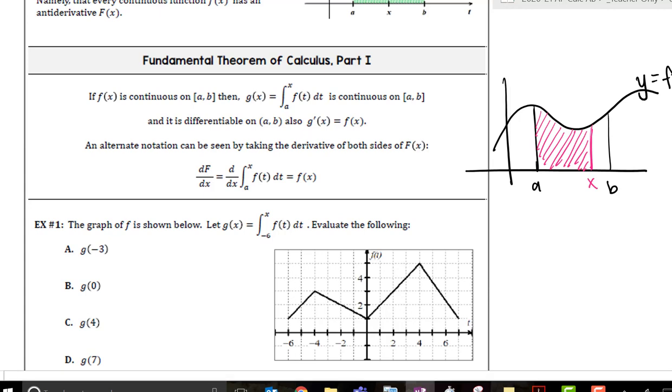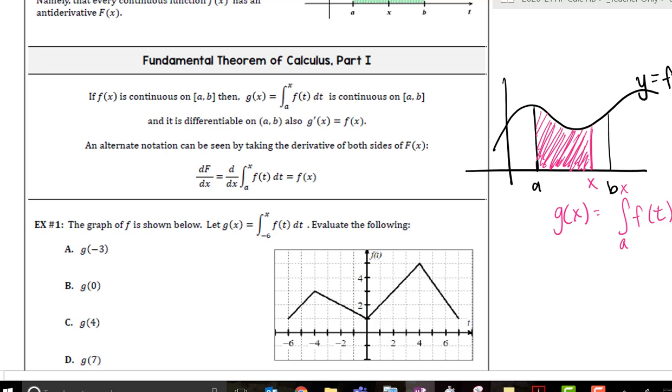Then we're saying that this value of g of x can be found by taking the integral from a to x of this function, because what we would be doing is substituting that x and that a in and finding that area from one side to the other.